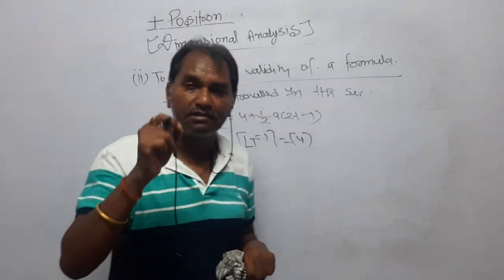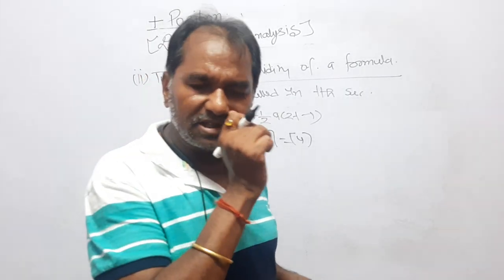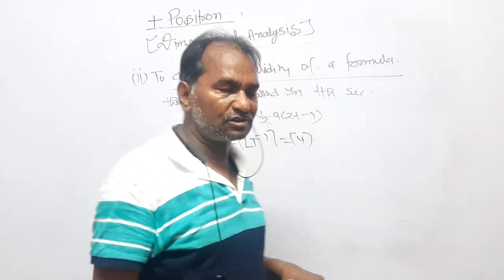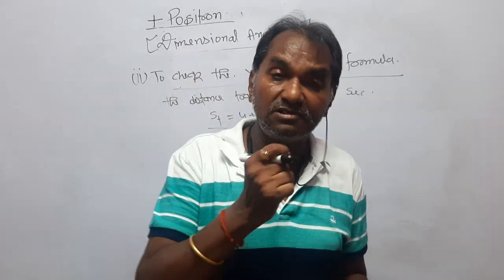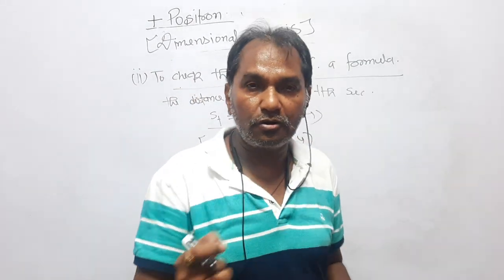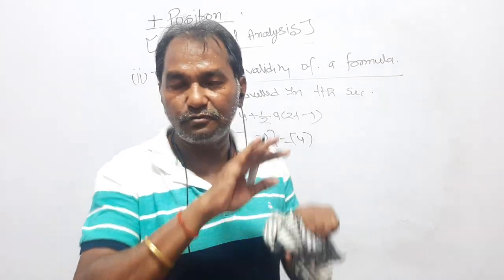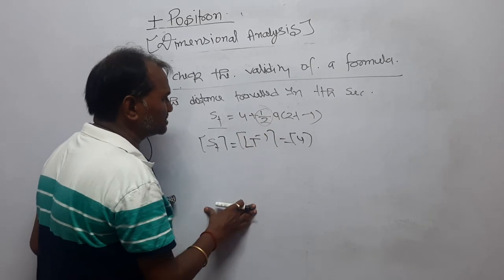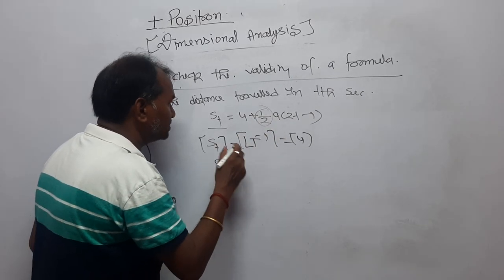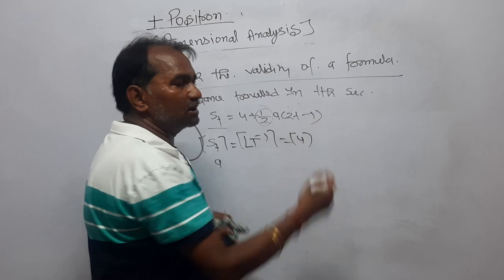I have said that there is nothing we have to do with the constants when studying dimensional analysis. The existence of constants is a loophole, a drawback in the dimensional method, because we cannot find the values of those constants. So 1 by 2 is just a constant, take it out. Then it is a into (2t minus 1). 2 and 1 are constants.